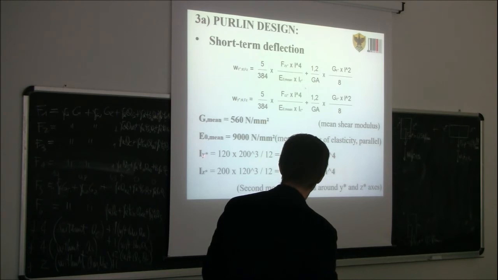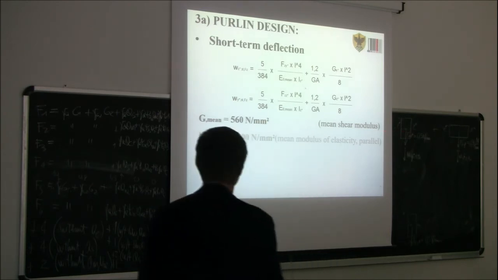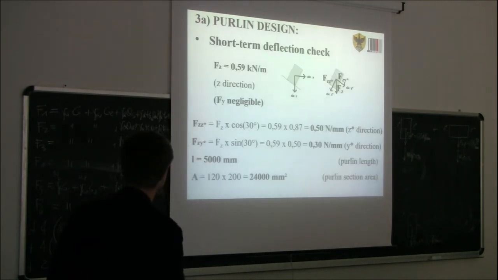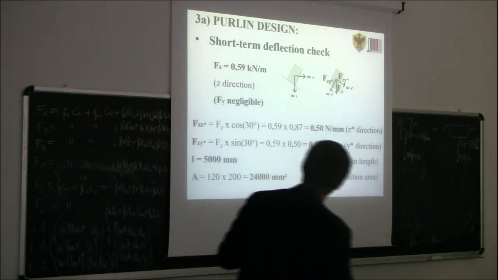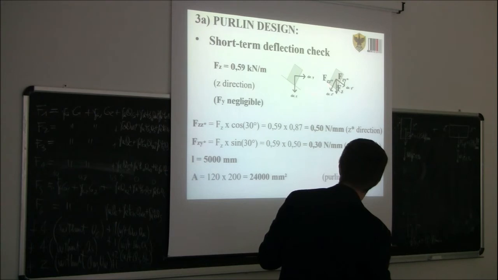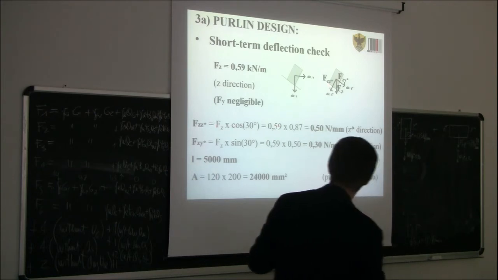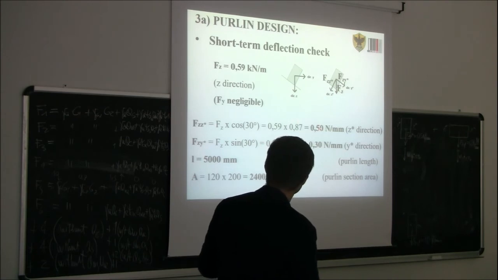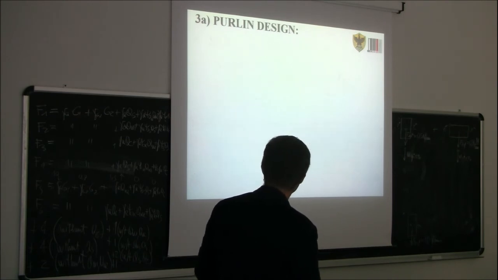So this is y asterisk. Let me check because there's something that doesn't seem quite right. So this is y asterisk, and this is z asterisk. It's okay. So z asterisk, this is 0.59 times 0.87 is 0.5, okay, this is fine.